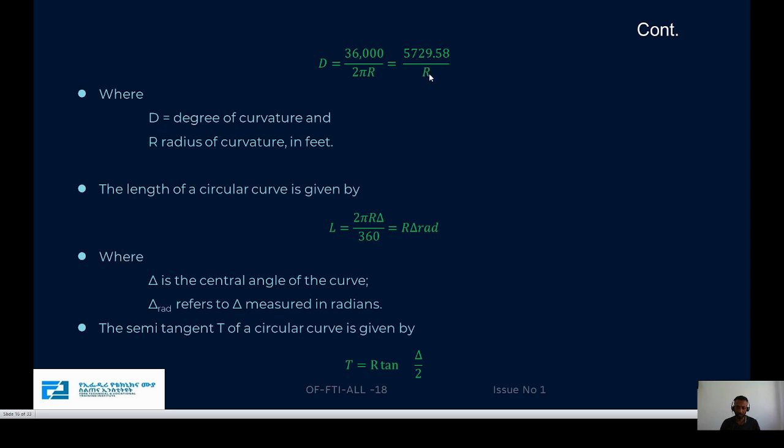The degree of curvature is equal to 5729.58 divided by the radius, and the length of the curve will be 2 pi r delta over 360. We also calculate the tangent: the tangent equals radius times tan delta over 2.